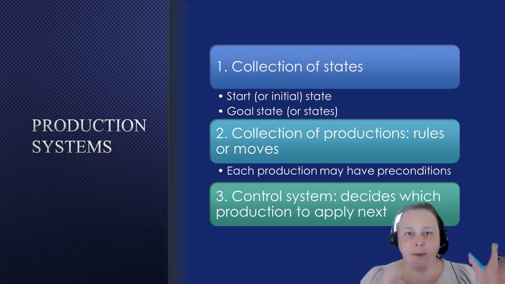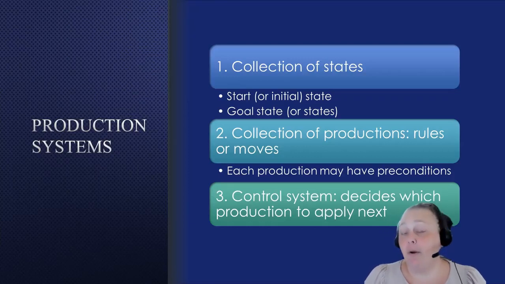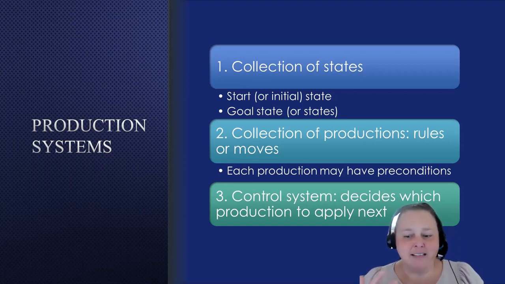For example, let's go back to our 8 tile game. There would be several different tiles next to an opening, okay? So you could do one of several different actions. That is going to be several different productions that you can do. The control system is going to decide which tile to move into that vacancy, comparing it to all the others.